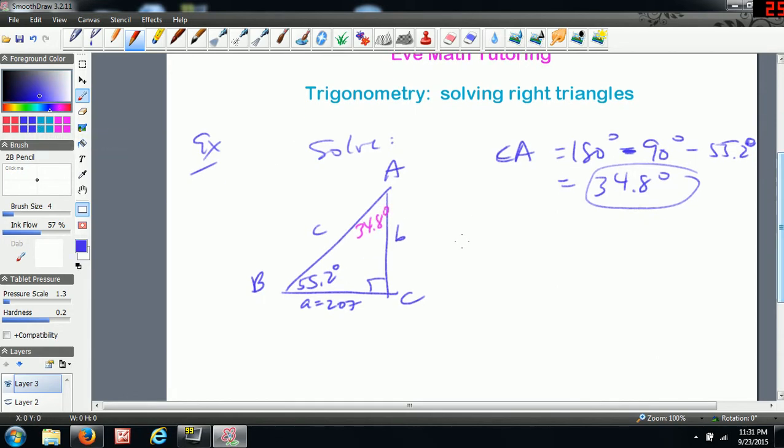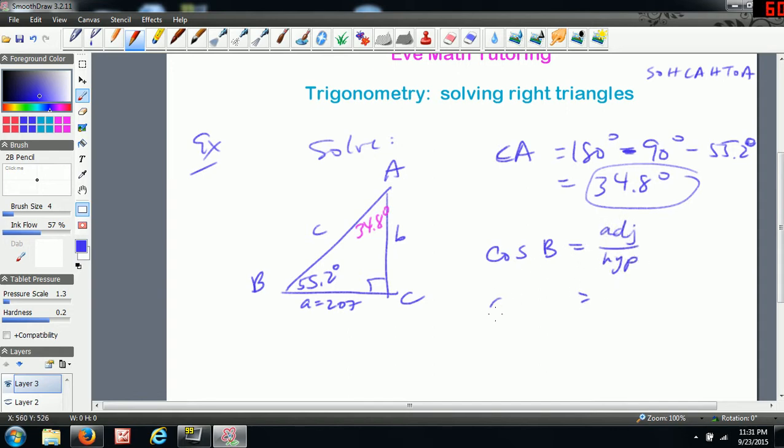So that's finished. So now what we can do is solve for, say, side C. Okay, so from SOHCAHTOA, we know that cos is adjacent over hypotenuse, so cos of B is equal to adjacent over hypotenuse.